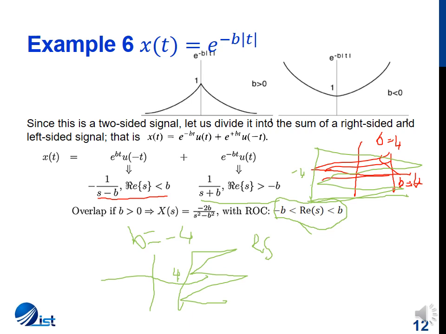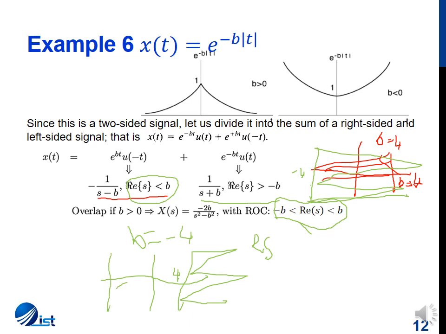For the left hand sided signal, let me change the marker color. I'm unable to change the marker color, so let's say I'm using the green color again. So for the left hand sided signal, our ROC is real of s less than b, which means that real of s is less than minus 4.